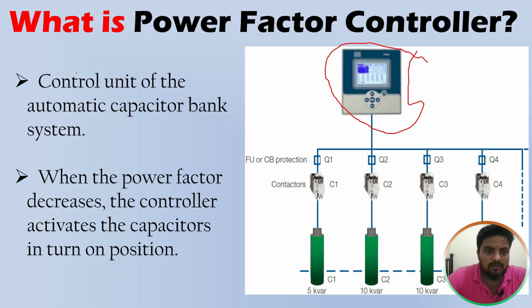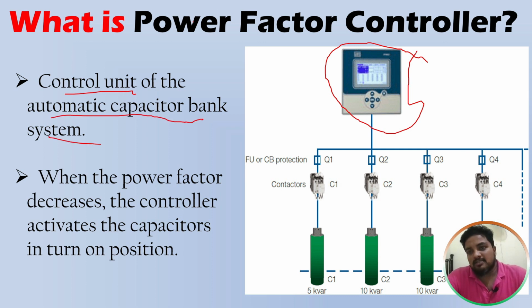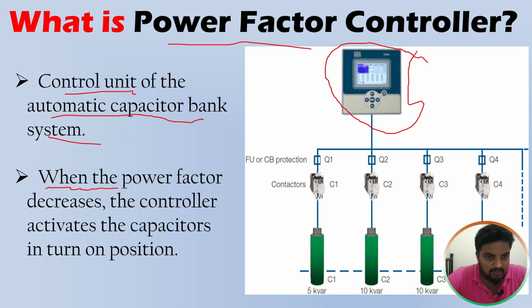Next, the power factor controller. This power factor controller is the control unit of the automatic power factor system. How is it going to control the power factor? In this slide, I show that when the power factor decreases, the controller activates the capacitor steps.